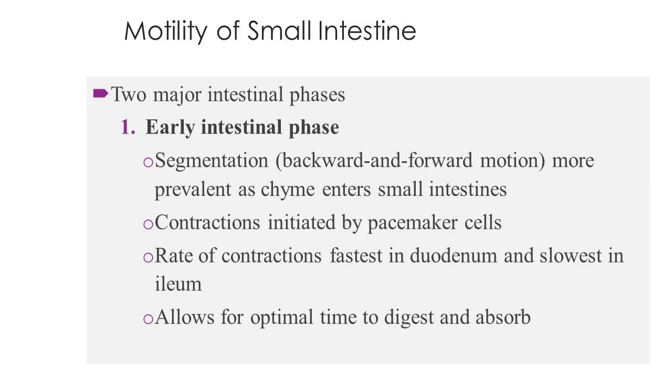And these, of course, are going to be fastest in the duodenum where you're adding chemicals and you need to continue to mix these materials with the chyme. And as you move toward the ileum, where we're really finishing absorption primarily in the small intestine, you're not going to have the contractions as fast, this segmentation type. And it's why it's called early intestinal, because it's principally happening in the duodenum.